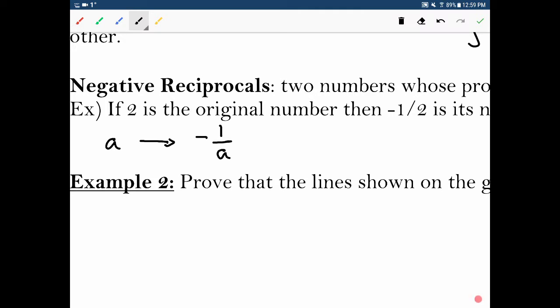Okay? If you get a fraction, as we often do with slopes, what you'll do is you will just flip that fraction upside down and then make it negative. Okay? So you flip your fraction. If it's not a fraction, you're going to just change it to 1 over. Okay, and then you change the sign from positive to negative, or negative to positive.